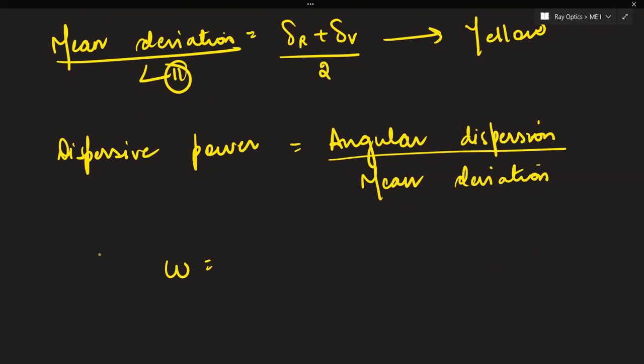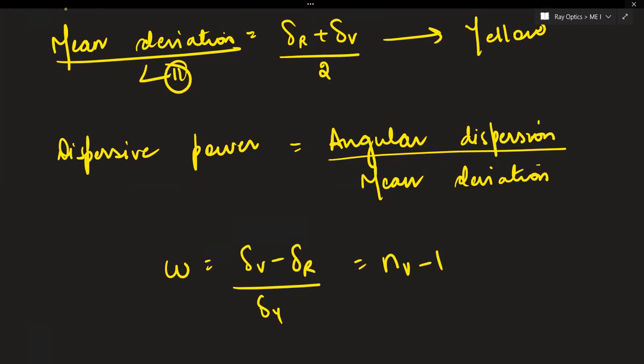See, angular dispersion is the difference between both the extreme colors, that is delta violet minus delta red. And mean deviation, either you can write this complete formula or directly you can write it for yellow color. So this will be the refractive index of violet minus 1.